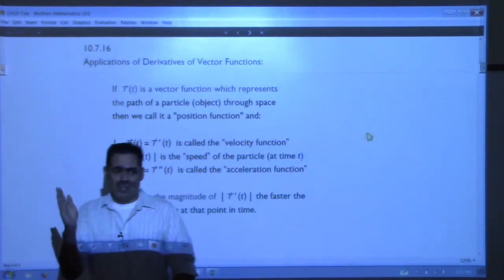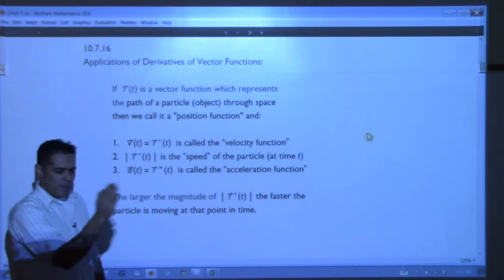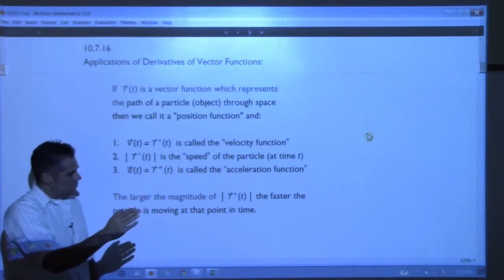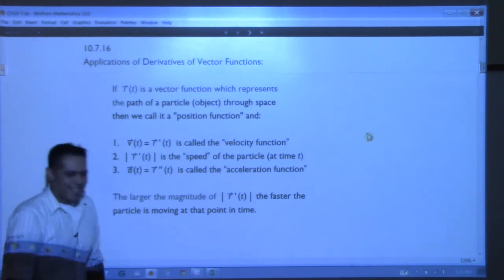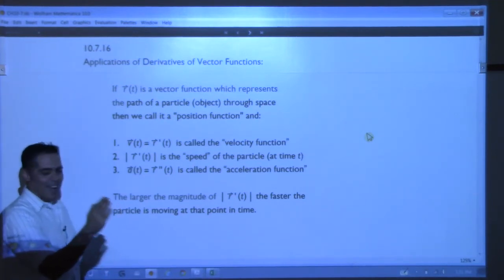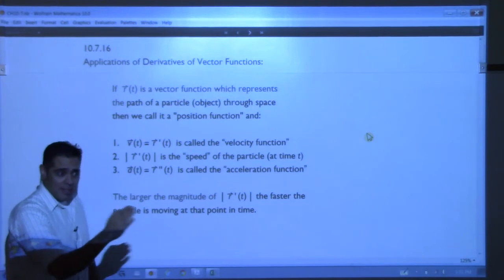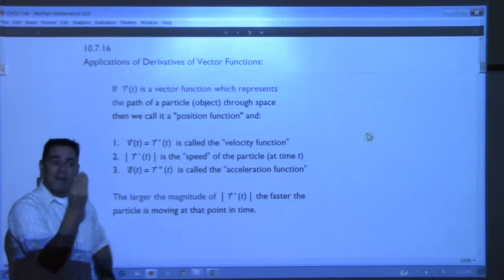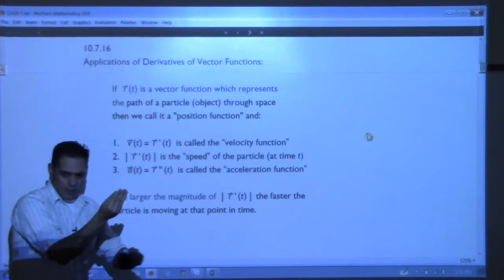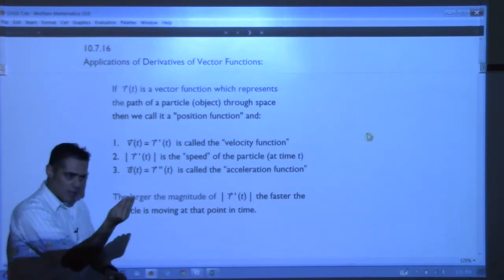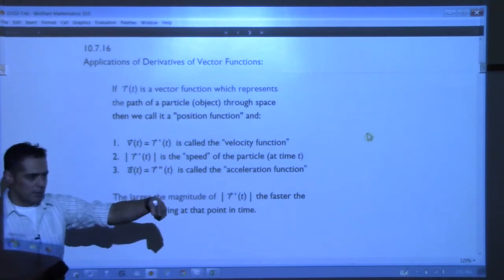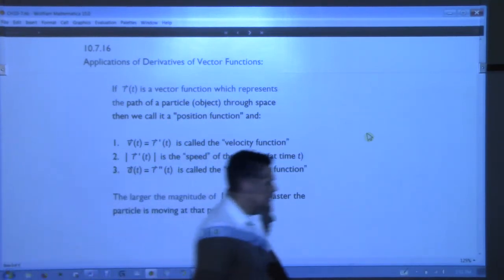Velocity is usually a vector, so it's going to have a direction, and it's going to have some sort of length to it. But it's a vector, right? 2 or 3 components. It's a vector. That's velocity. Speed is the length of that vector. That makes sense? Questions?